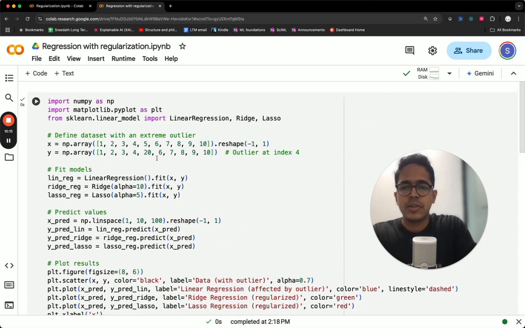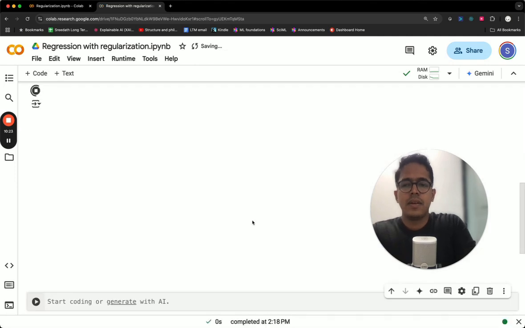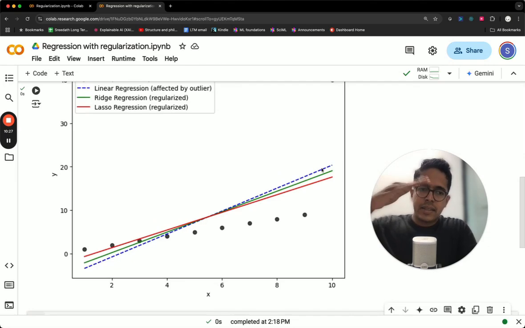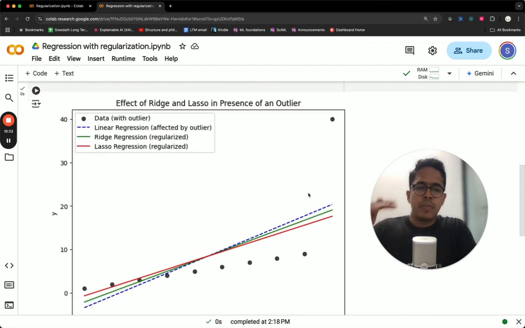Actually, it's easier to see if this is 5 and the last point increases. So let me keep this as 40. So if this is 40, now clearly this blue line's slope has increased because it was supposed to pass through these black dots, but the last dot is now here. So because of this outlier, the dotted blue line slope has slightly increased.